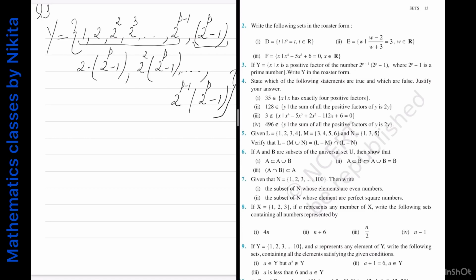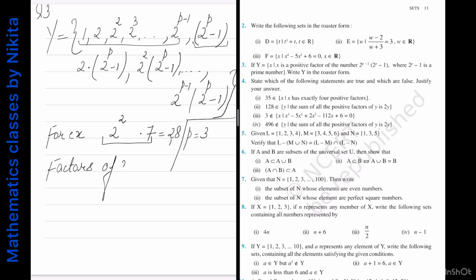For example, I have taken one example earlier where the prime number was 7, so p was equal to 3, and here we had 2 square, and this number is nothing but 7 fours are 28. Now first of all, if I want to write all the factors of 28, see the set y, how we have proceeded.